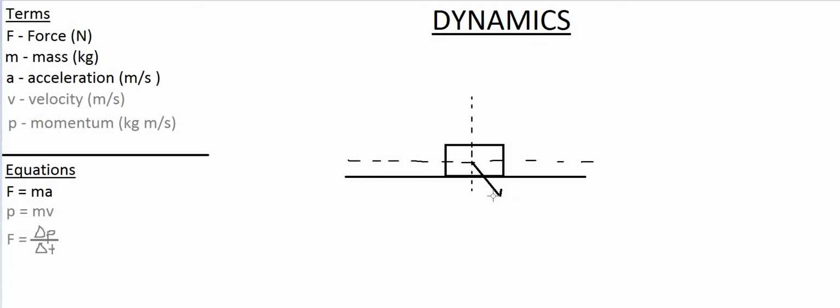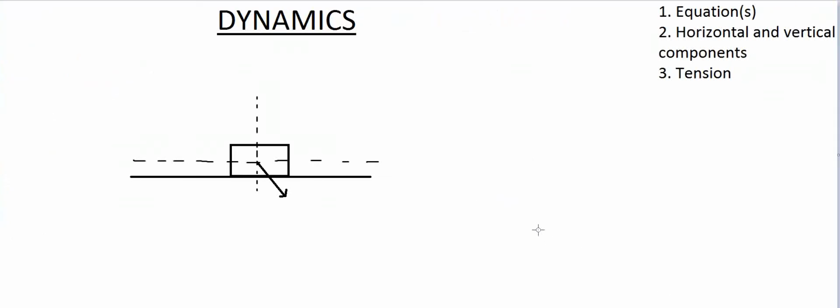In vectors, you learn that when you add two vectors, you connect the start of the first vector to the end of the last vector.